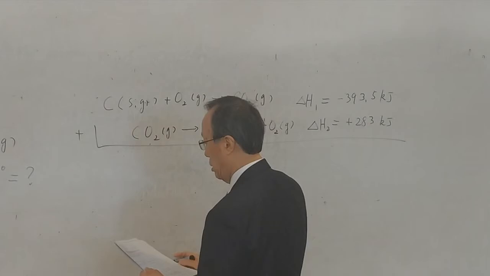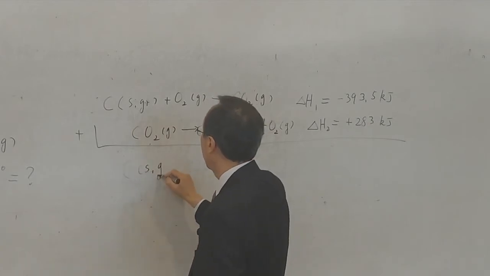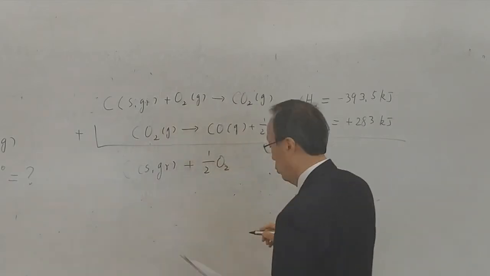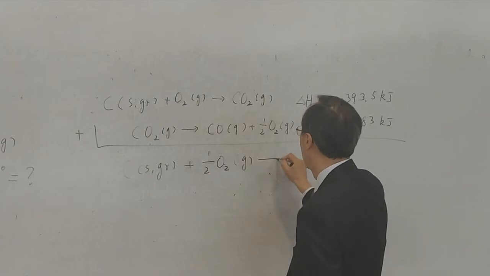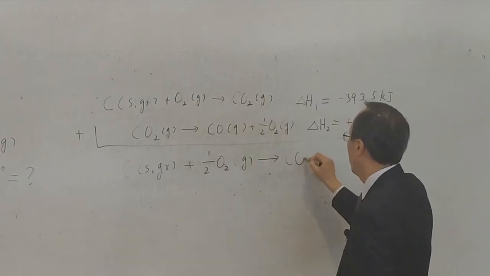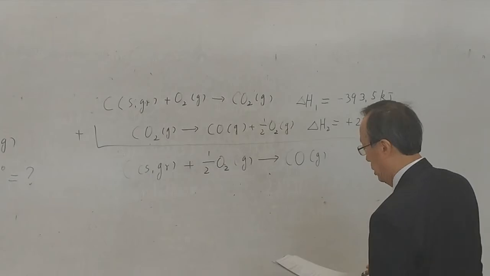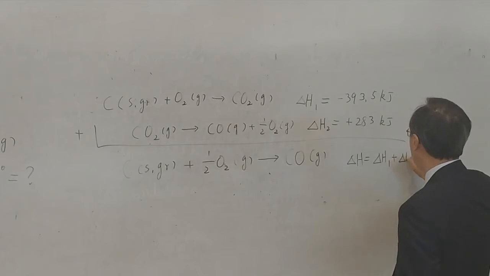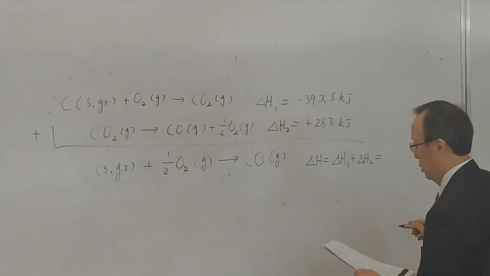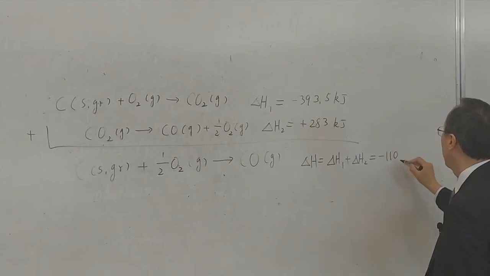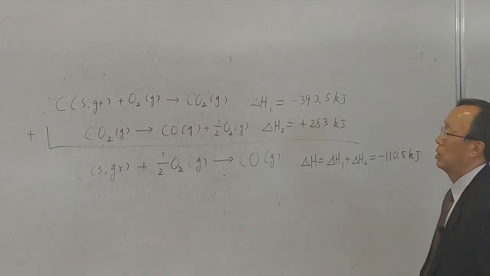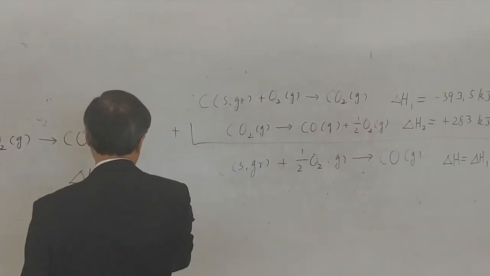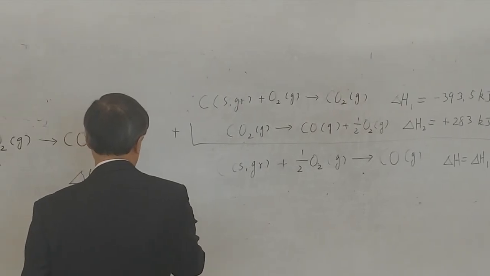This makes C graphite plus 1/2 O2 give us carbon monoxide. So delta H equal delta H1 plus delta H2 equal minus 110.5 kilojoules. So this delta H0 equal minus 110.5 kilojoules.